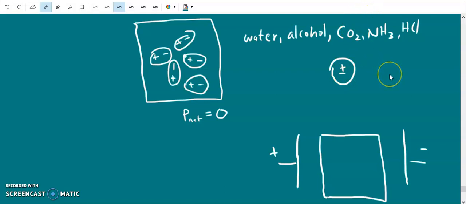When the electric field is applied, there is a force acting on the charged particle, which is given by F equals QE. The positive charges will experience a force along the direction of the electric field, and the negative charges will experience a force opposite to the direction of the electric field.